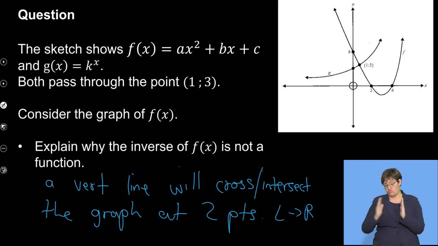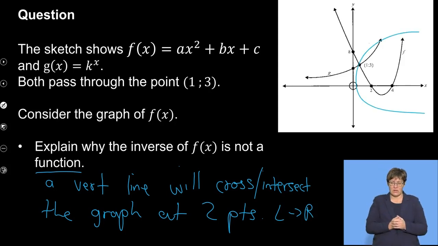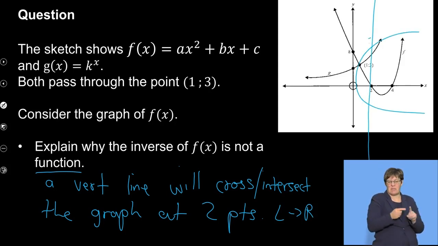Let's actually use the mathematical terms. That's why it's not a function, right? Because it's just going to be something like this. So if you draw a vertical line, it will be at that point and at that point.